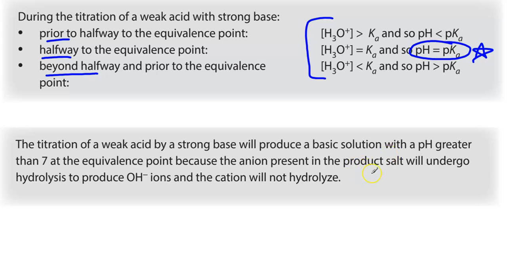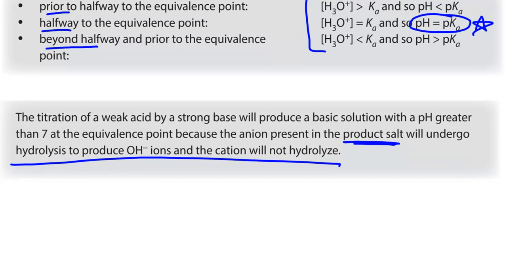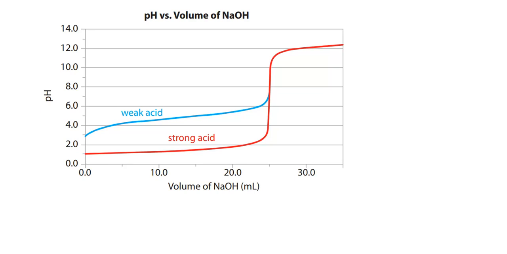What happens here, and I mentioned this to you, is the product salt is going to undergo hydrolysis. So you're not going to have ions that are doing nothing. You're going to have an ion that's actually creating an equilibrium with water. This is just to show you the comparison of the two ranges.